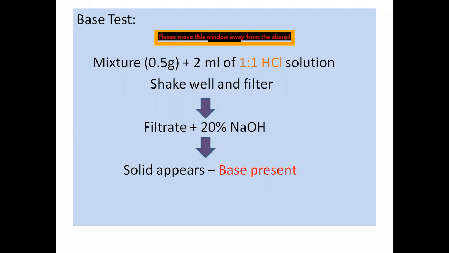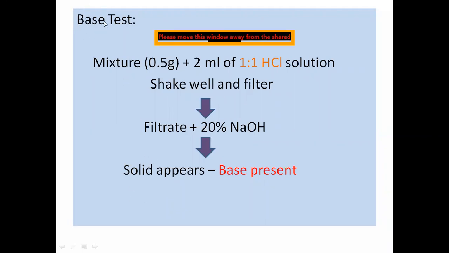And you filter it and you add 20% NaOH to that filtrate for the regeneration of base. Now in the base, you will get the solid, because there are solid mixtures. So you will generally get a solid base.